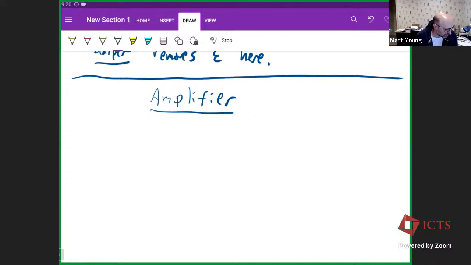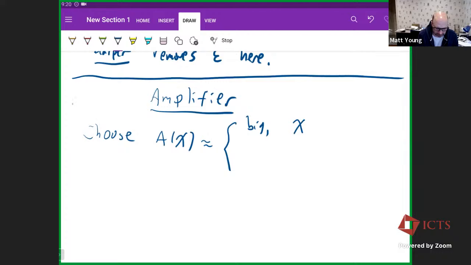So here, the idea is we want to choose A of chi to be big when chi, okay, maybe you first pick a character psi mod p.